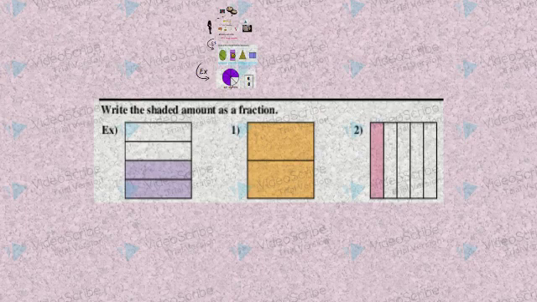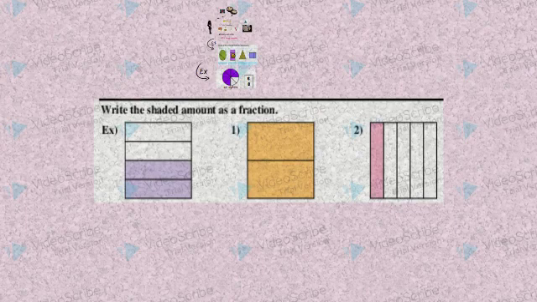The orange square is divided into how many parts? 2. Excellent. How many parts are colored? 2. I write 2 above the line. How many parts in all? It's also 2. 2 over 2. Whole. Excellent.